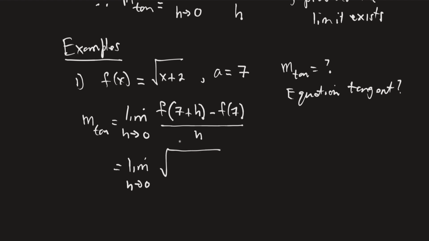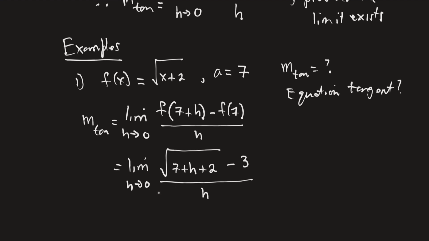So we'll have the square root, so wherever there's the x, put the quantity 7 plus h, and then I also have a plus 2 there, right? So that's the first term in the numerator. The second term, just like our first limit definition, always ends up being a constant right here. So plug 7 in, that's the square root of 9, which is 3, and then this is all over h.